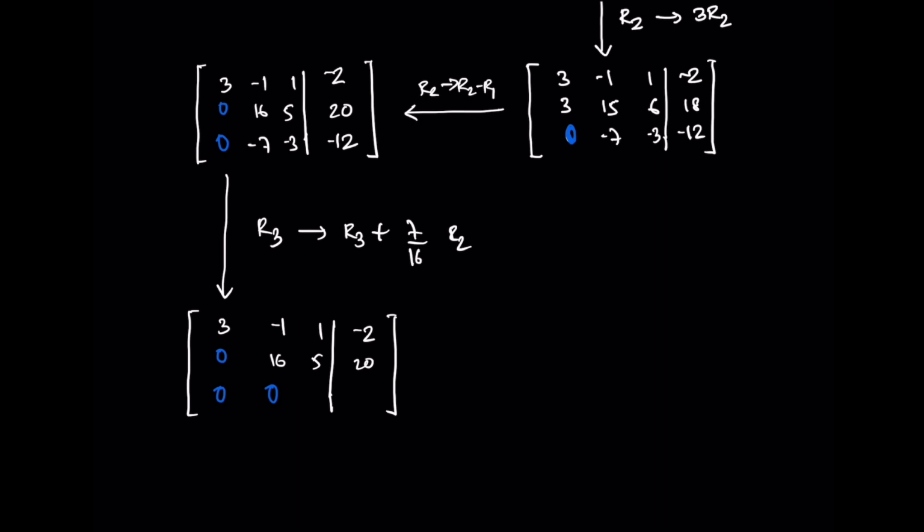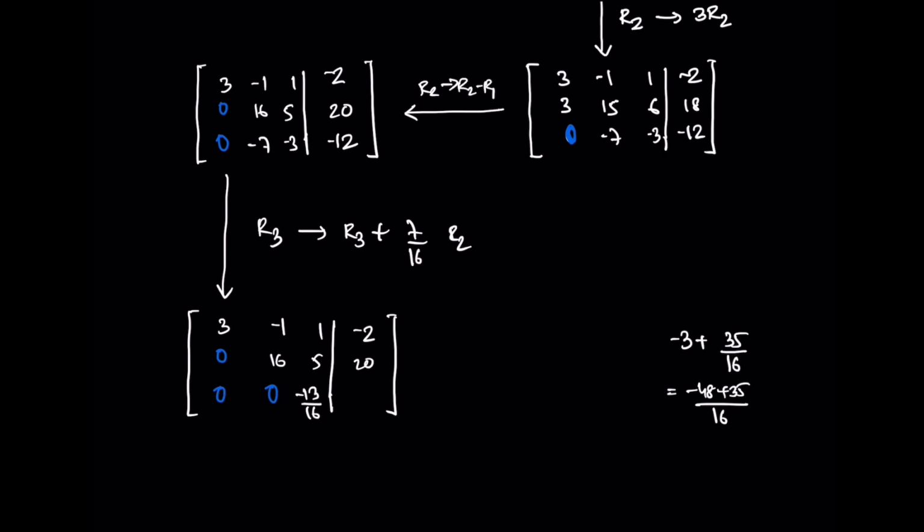And in the third place, let me write this out for ease: minus 48 plus 35 by 16, that will give us minus 13 by 16.